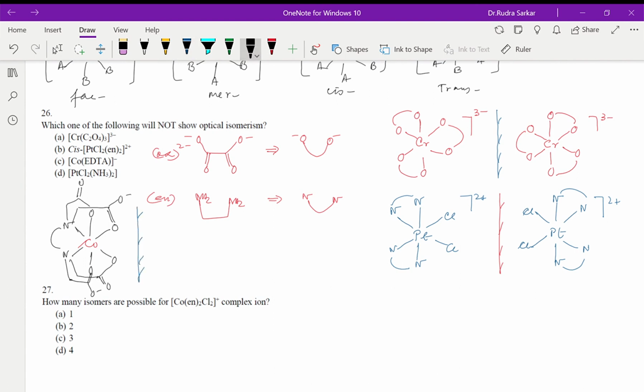Similarly, let me now erase this part because we do not require this one.